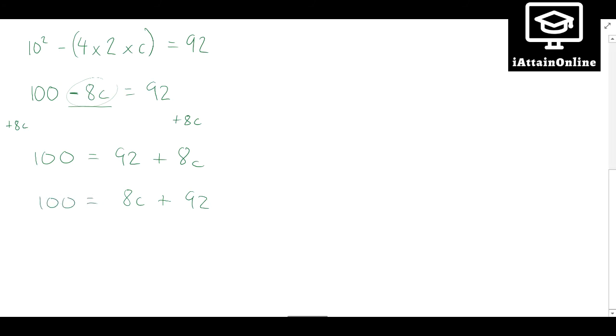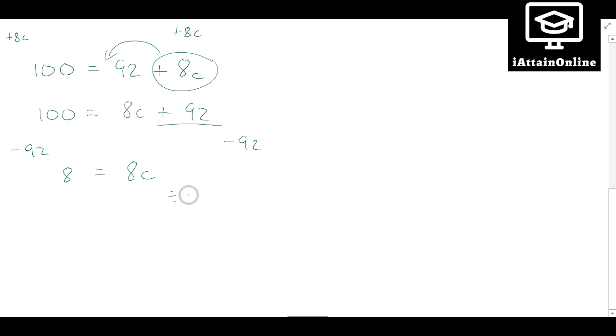What I've essentially done is I have put that over there. So now I'm going to take away this 92 from both sides, and I end up with 8 equals 8c. So if I then divide this side by 8 and this side by 8, that will tell me what 1 of c is, which in this case is 1.